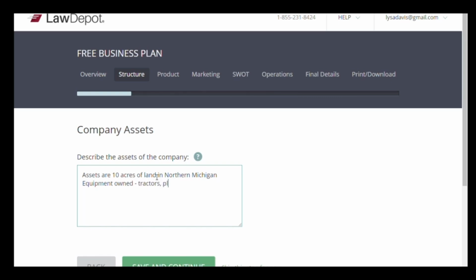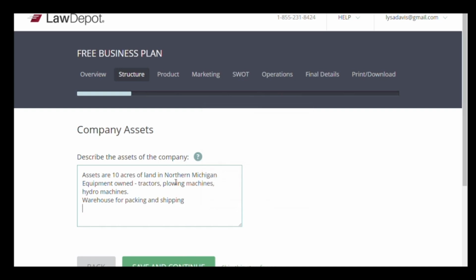Tractors, plowing machines, and any other type of maybe hydro machines. A warehouse for packing and shipping. And that's it. So maybe you have more assets, or maybe you don't have any assets.